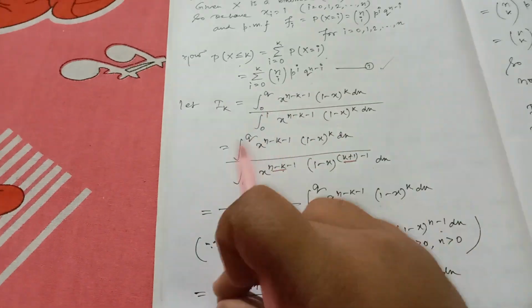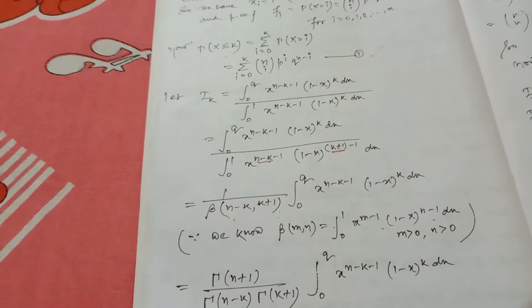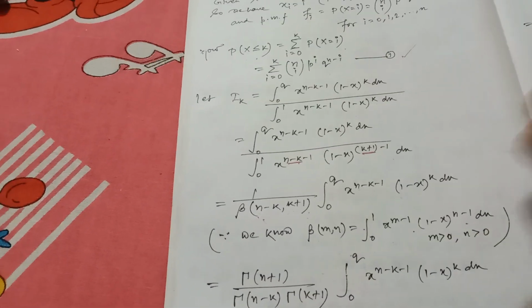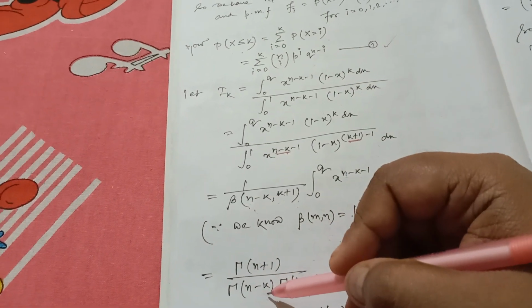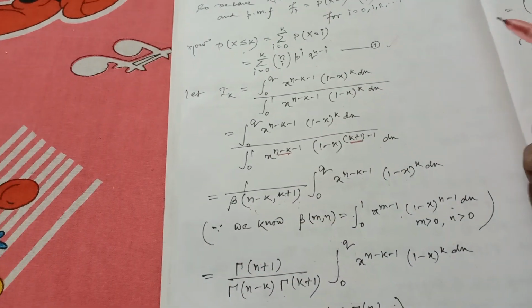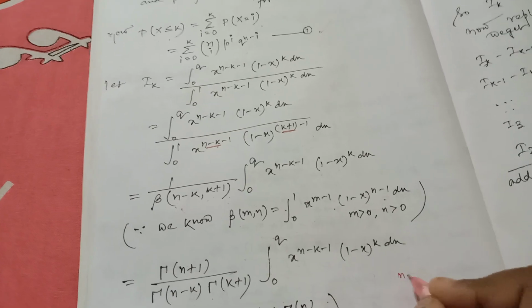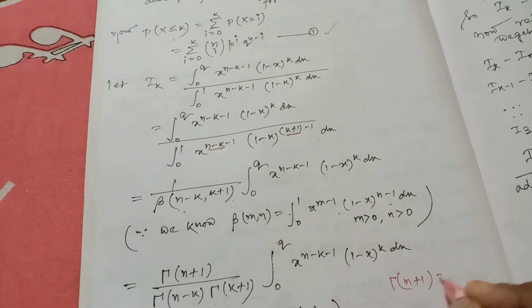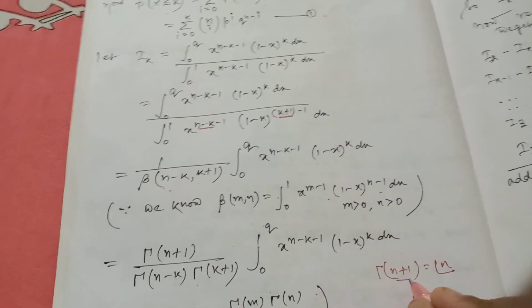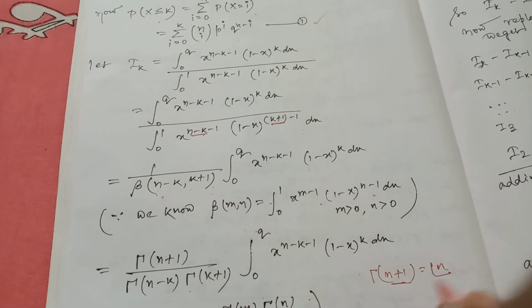So again gamma of n plus 1 can be written as what? Gamma of n plus 1 is actually n factorial, we all know this. And gamma of n minus k will be what? n minus k minus 1 factorial, because gamma of n plus 1 becomes n factorial. So if it is n plus 1, you are getting n factorial.